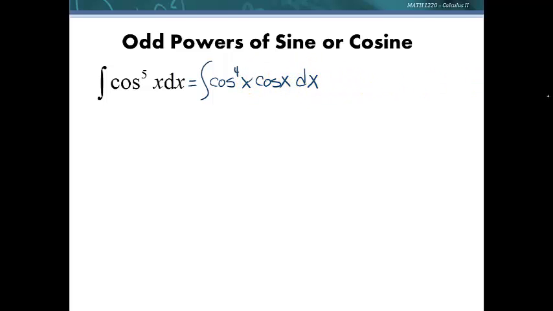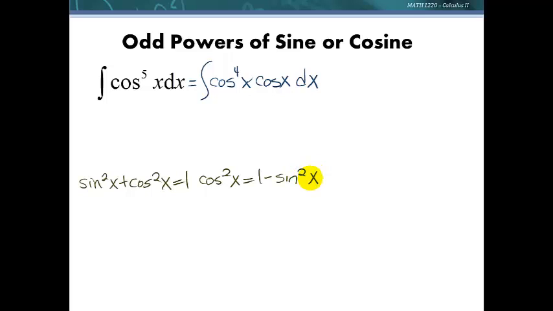It will become apparent in a minute why we would do that. But first, let's remember the Pythagorean identity from trig. That says sine squared x plus cosine squared x equals 1, and we could solve this for either sine squared x or cosine squared x. In this particular case, we're going to solve it for cosine squared x, and that's 1 minus sine squared x.